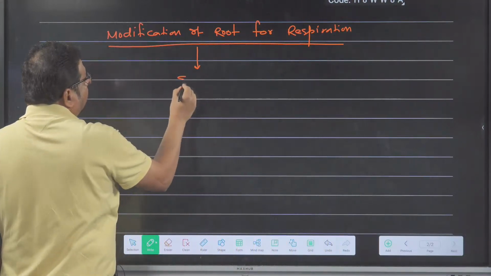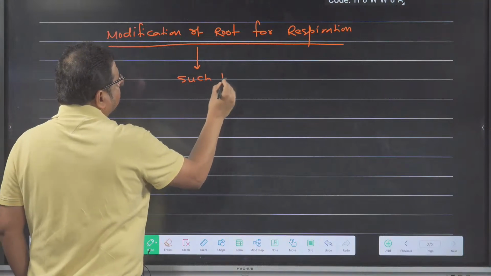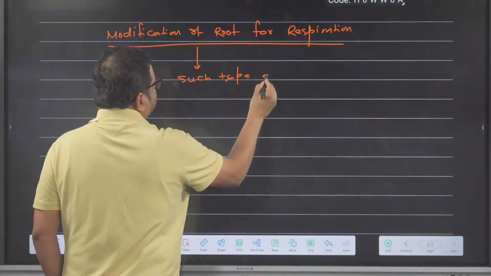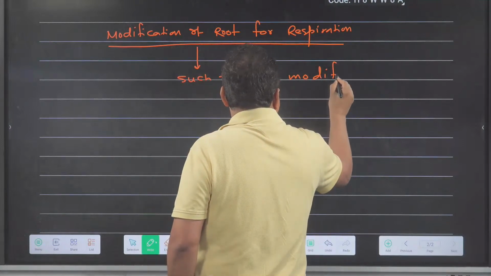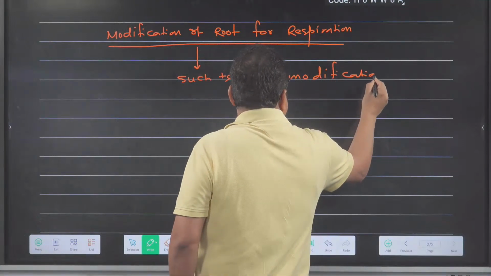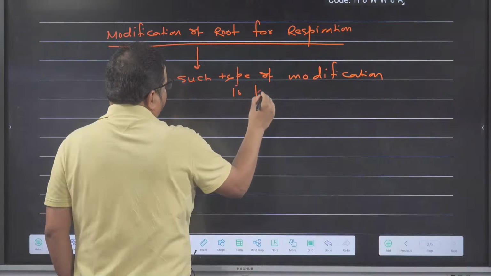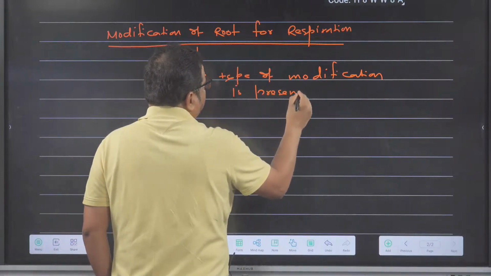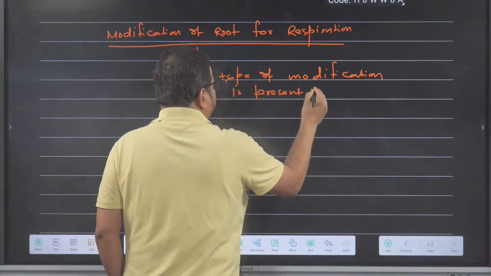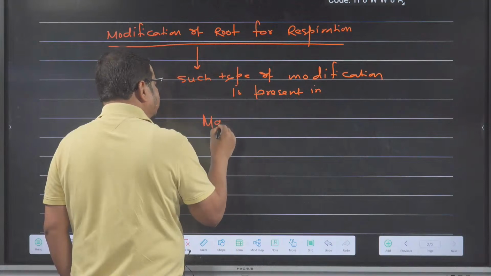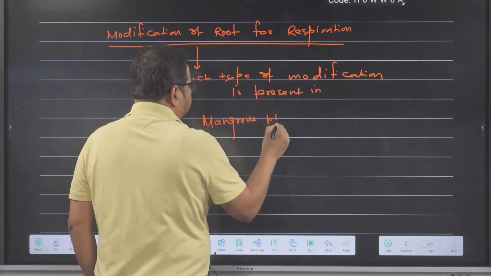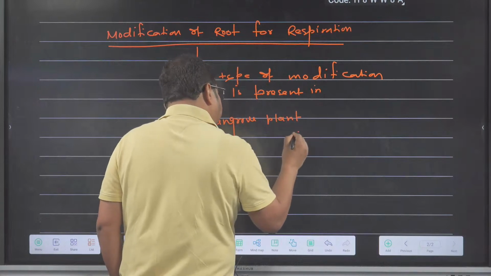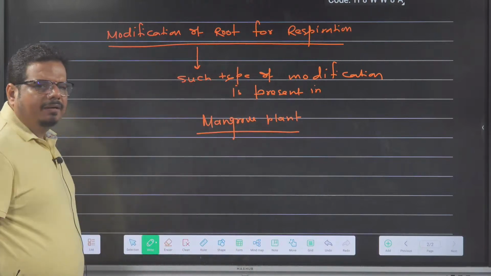Such a type of modification is present in mangrove plants. Now the question arises, what is this mangrove plant?